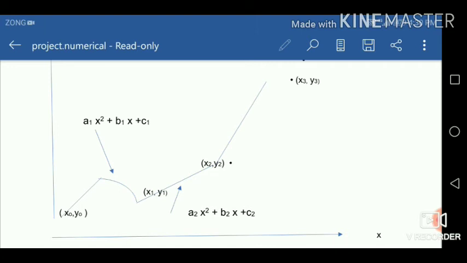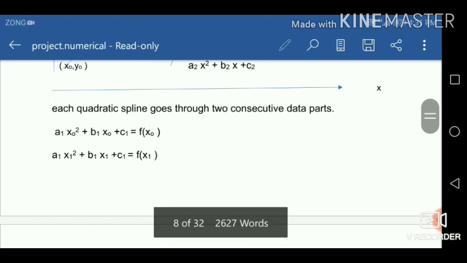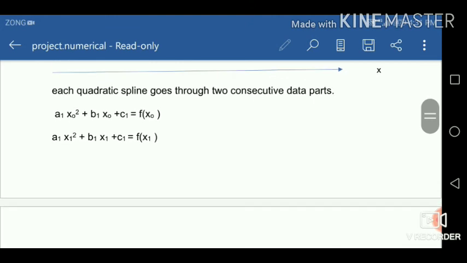The first spline is between x0, y0 and x1, y1, where it is a1 x² + b1 x + c1, and the second spline between x1, y1 and x2, y2 is a2 x² + b2 x + c2, and so on. Each quadratic spline goes through two consecutive data points.